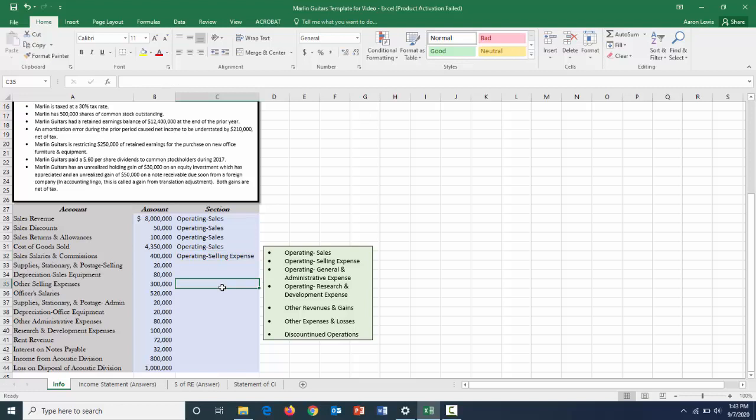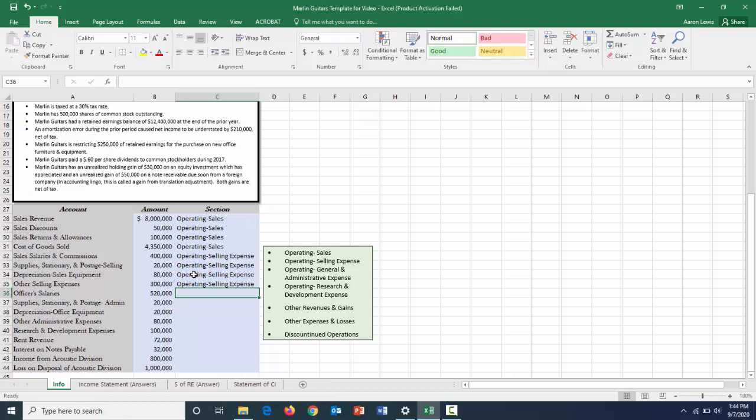Next up, we have supplies, stationery, and postage. That is also going to go under our operating selling expense section. We have our depreciation, and this is on sales equipment. Since it's on sales equipment, that is a selling expense. And then other selling expense, you can guess, is going to go into our operating selling expense section.